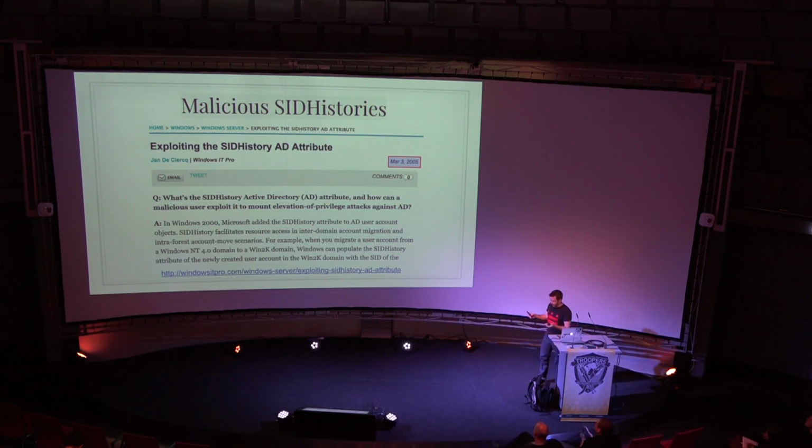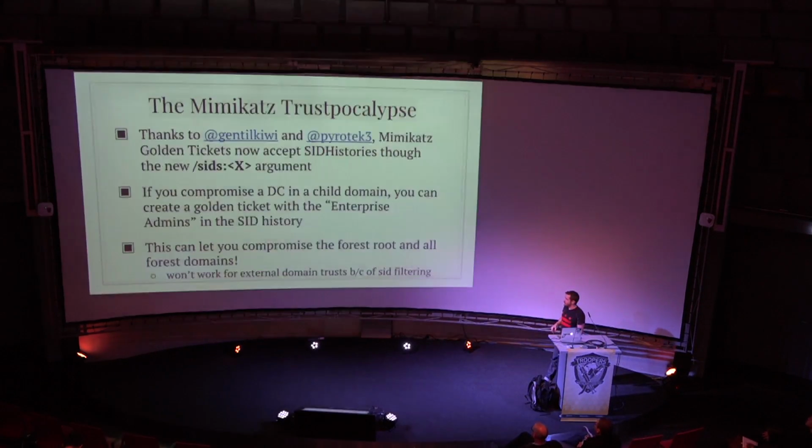But people knew for over 10 years that if you set the SID history for your user to be something like Enterprise Admins, then you effectively have those rights. So this attack has been known, but it was largely theoretical for over a decade.